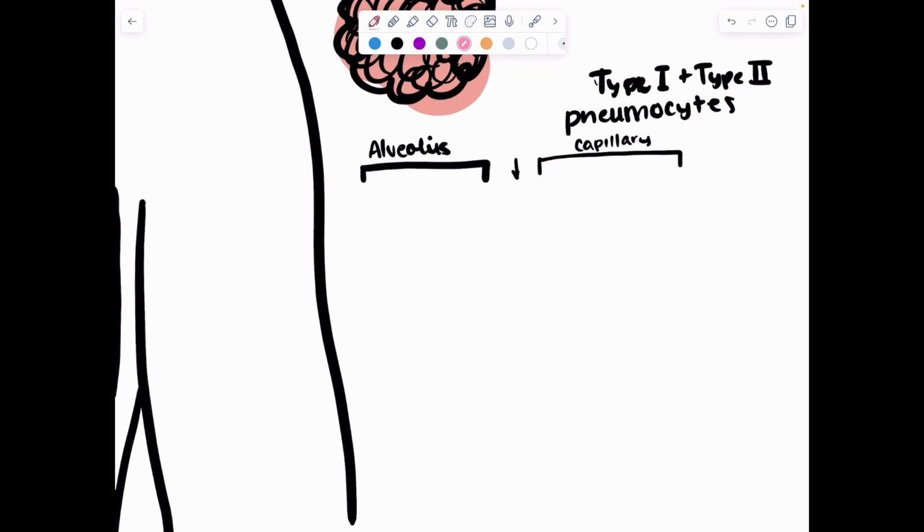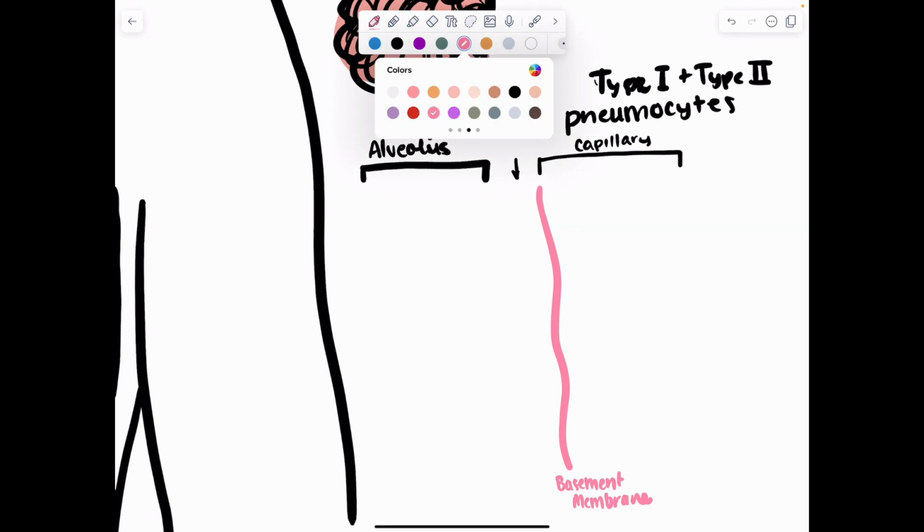Now, we'll start with our capillary. Our capillary has a basement membrane. And then it has endothelium. Remember those endothelial cells?